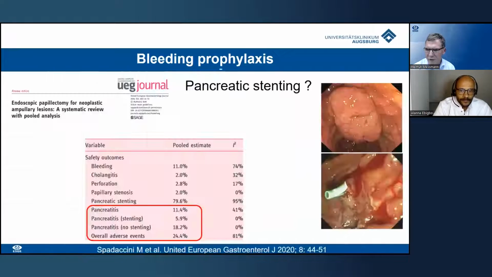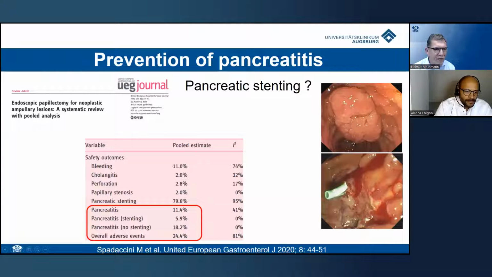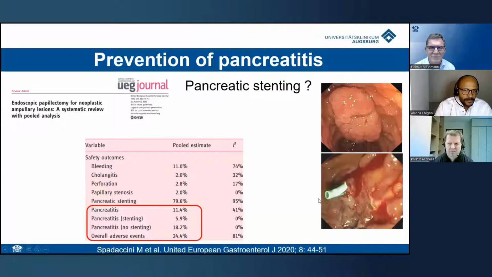Very nice, thank you. Another complication is pancreatitis, no? Dr. Probst, can we prevent pancreatitis? Maybe. I think we can reduce the risk a little bit by placing pancreatic stents, and this is a guideline recommendation also. I selected one meta-analysis from 2 years ago, and you can see in a large number of patients the risk for pancreatitis after papillectomy was 11.4% for all patients.